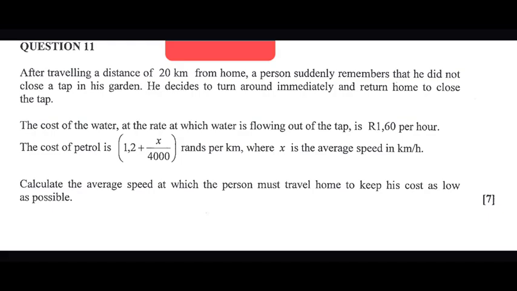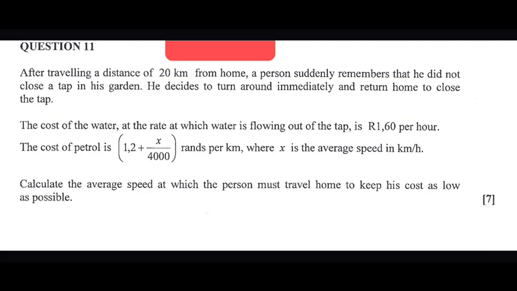The cost of water at the rate at which water is flowing out of the tap is 1 rand and 60 cent per hour. The cost of petrol is 1,2 plus x over 4,000 rands per kilometer, where x is the average speed in kilometers per hour. Calculate the average speed at which the person must travel home to keep his cost as low as possible.